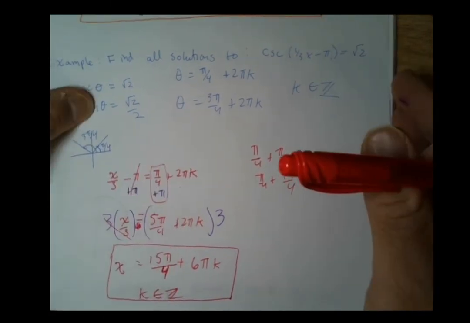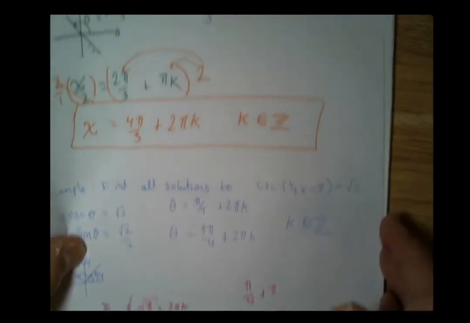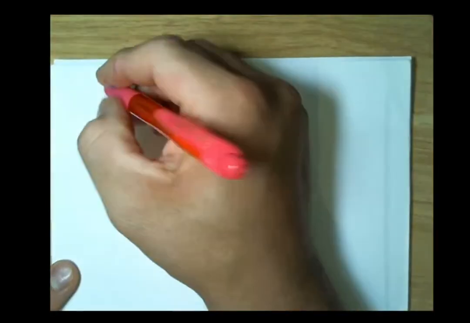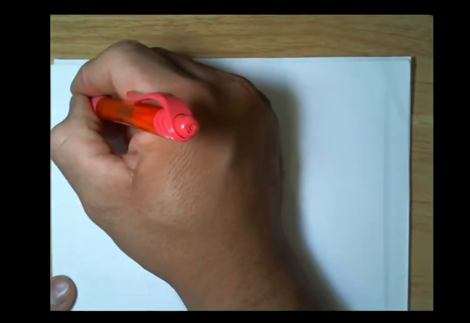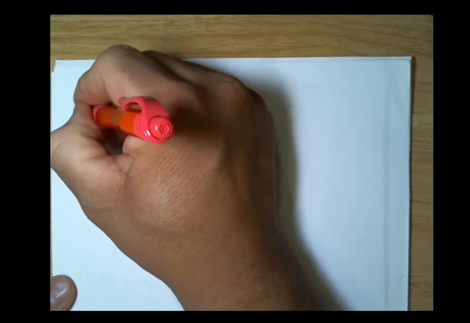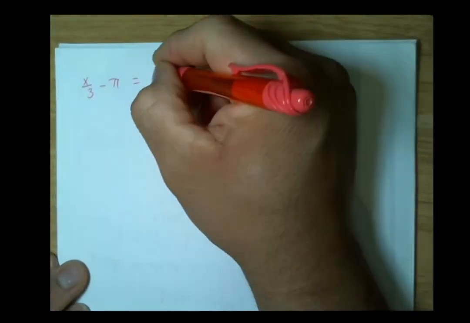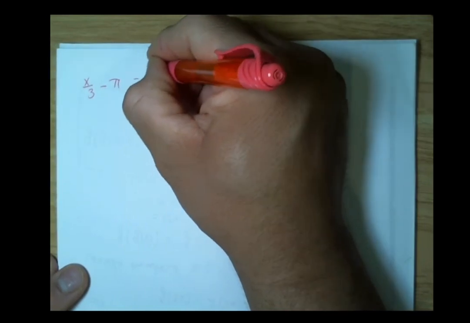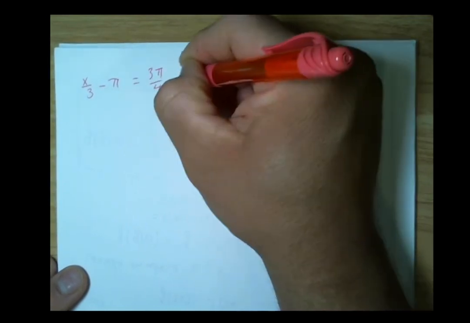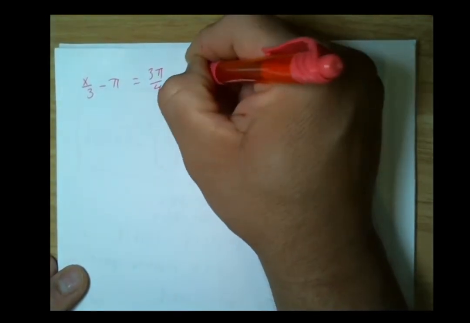I'm going to get a fresh sheet of paper here. Okay, so our other equation, we have x over 3 minus pi equals 3 pi over 4 plus 2 pi k.